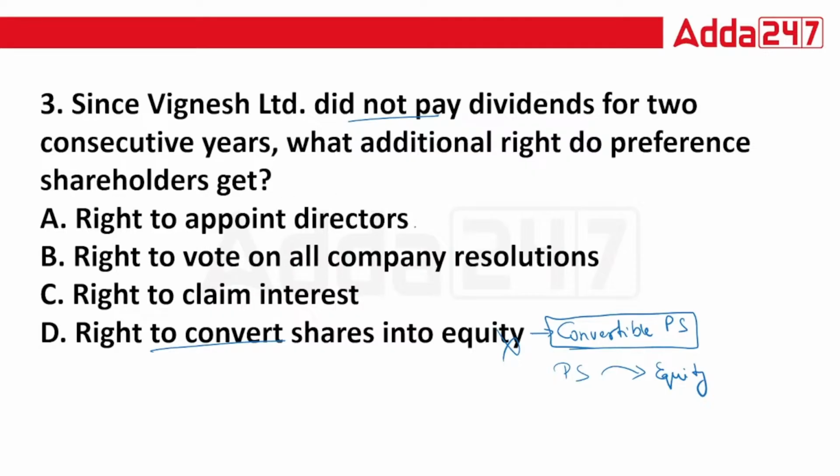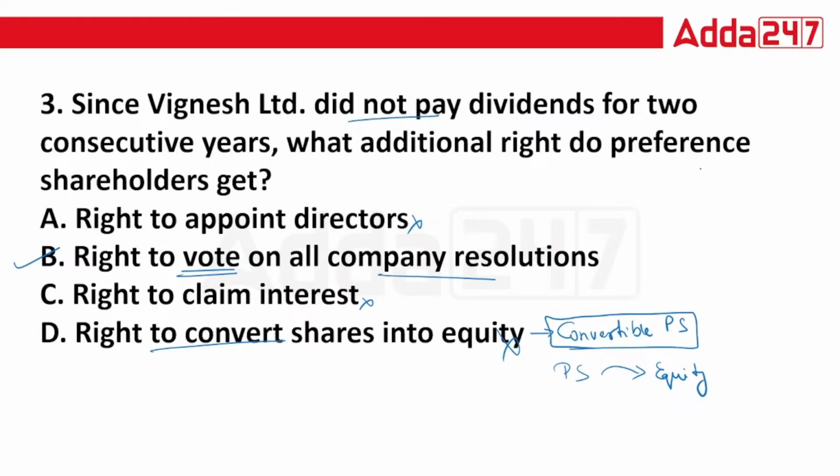Right to appoint directors, somewhat you can say this is correct, but not exactly. Right to claim interest, they are claiming interest without any further hurdles. So this is also not the correct point. The correct point is right to vote on all company resolutions.